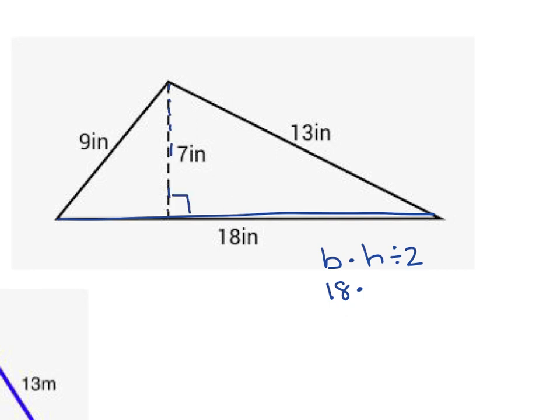This one didn't have a right angle in here, but if you can see that it's dropped down, that imaginary line will always be the height. That is 7, and you divide by 2. You can put that whole thing in your calculator as one equation. So just do 18 times 7, divide 2, equal. And you should get 63 inches squared.